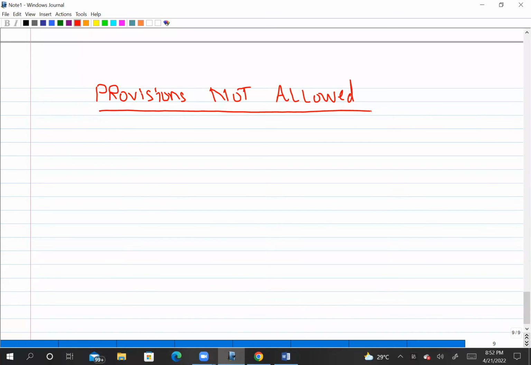In the following scenarios, provisions are not allowed to be recognized. As per IAS 37, we do not recognize a provision for future operating expenditures.